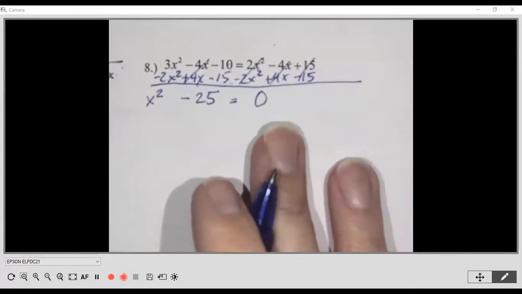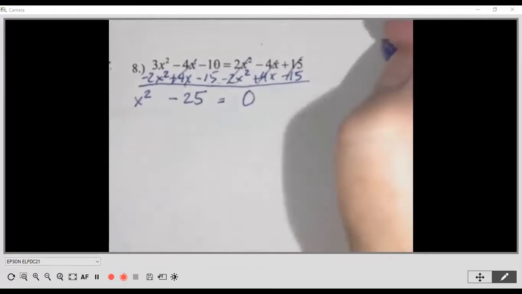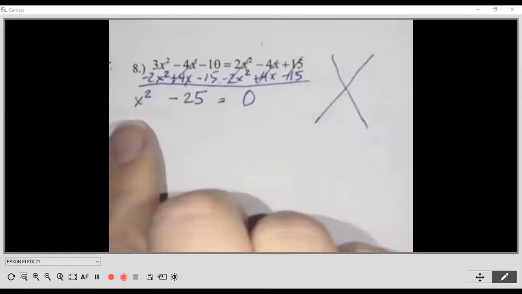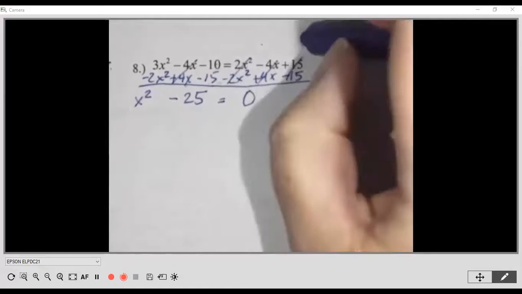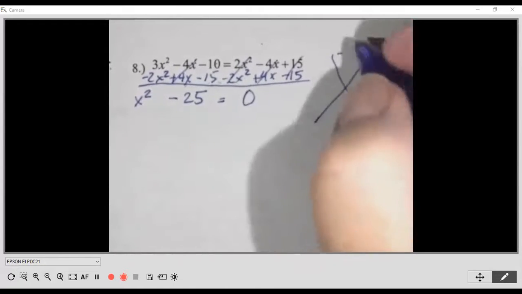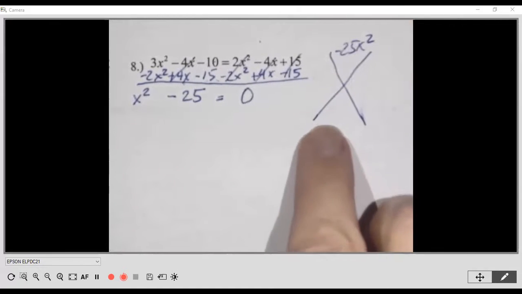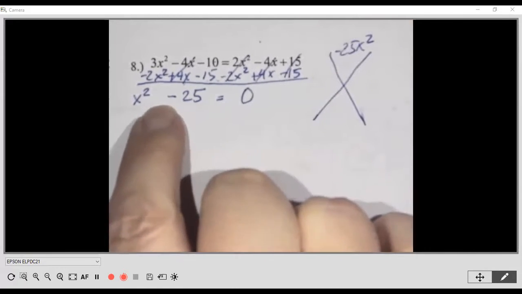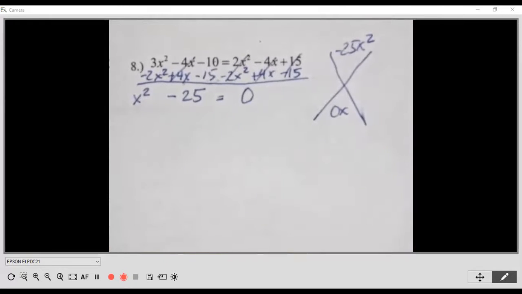Okay, so when I make my factoring x, a times c gives me negative 25. Oops, I wrote negative 55, I'm sorry. Negative 25 x squared, and my middle term is 0x, okay? Because there's no b term in the middle.